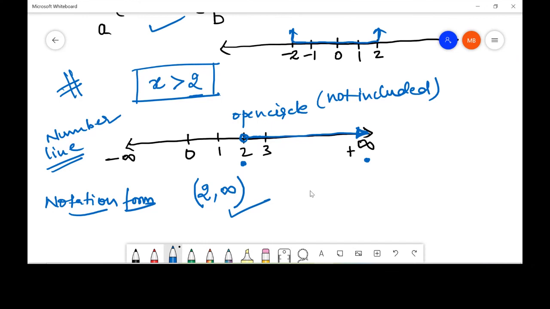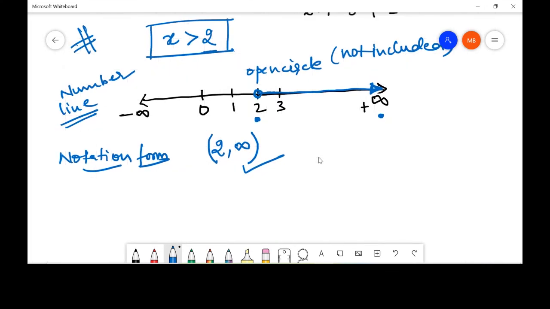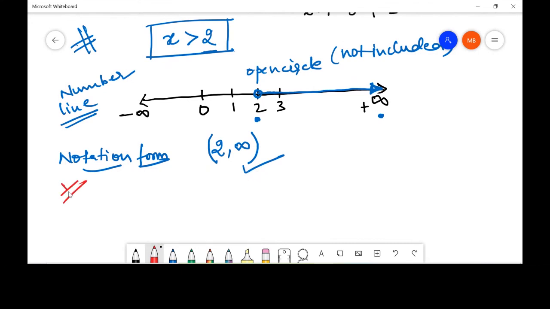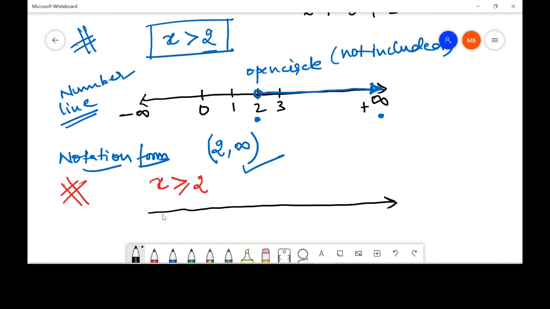Let us take one more example. Say instead of x greater than 2, suppose we have x greater than or equal to 2. The first step remains the same. We'll draw the number line. So this is 0, this is 1, this is 2, 3, goes up to infinity, and negative to the left.